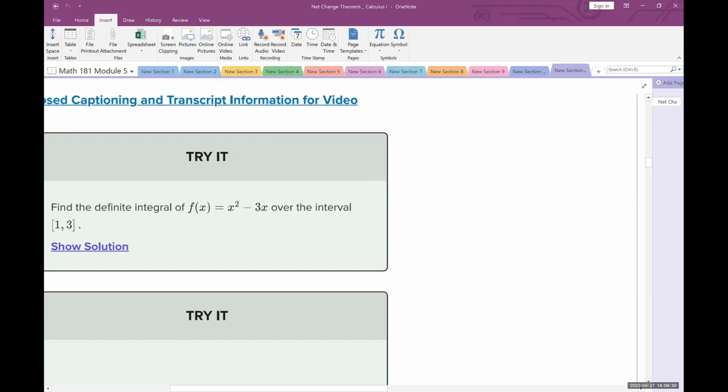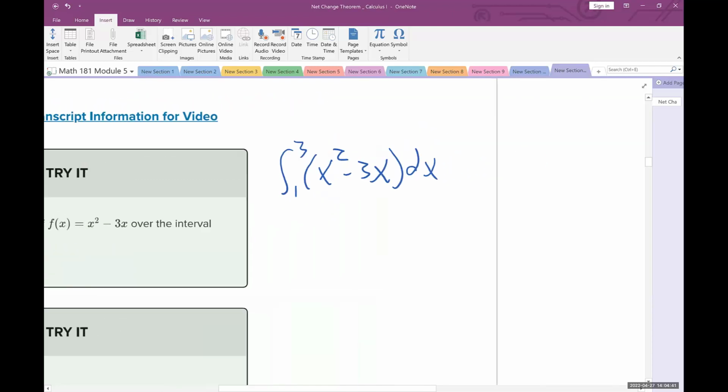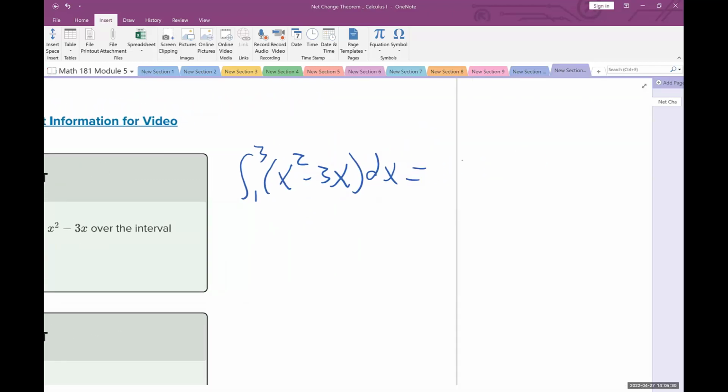Find the definite integral from 1 to 3 of x squared minus 3x dx. So what's that going to look like? What do you have, Ivan? What's the antiderivative of x squared?